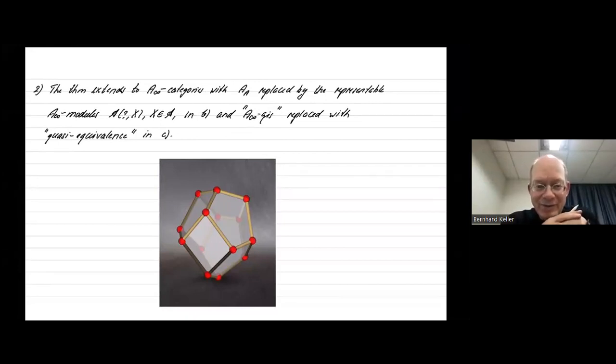The theory is similar, but we have strong theorems which allow us to construct inverses up to homotopy for all quasi-isomorphisms. And also we have more computational tools, which I have not had the time to illustrate here, but which are really very useful and very important for computations.